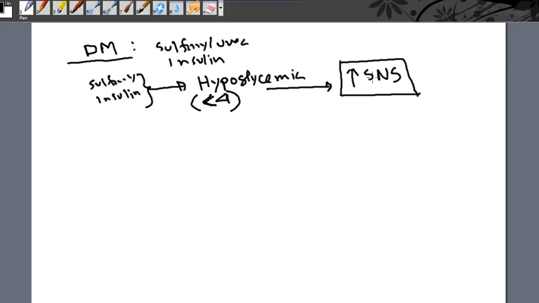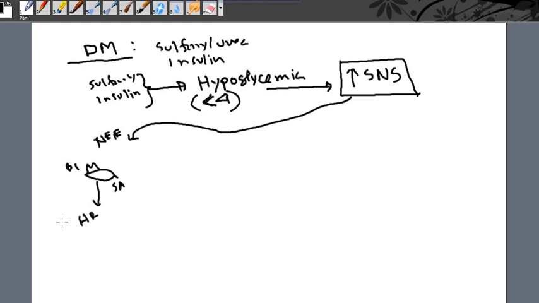So if there is increased sympathetic nervous system activity, there is release of norepinephrine and epinephrine, and this will stimulate the beta 1 receptor in the SA node, and this will lead to increase in heart rate, and this will lead to tachycardia and palpitation. So first response in hypoglycemia is that there will be tachycardia and palpitation.